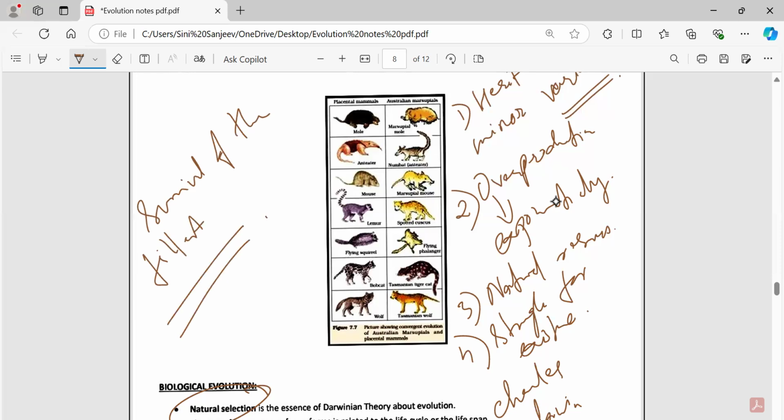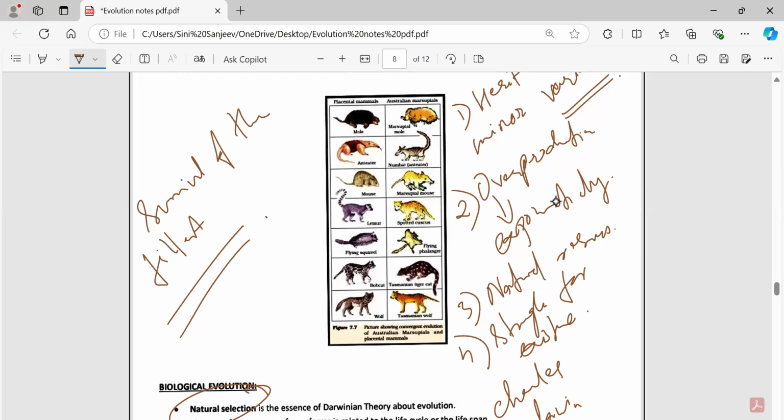In the scenario I told you, for the struggle for existence, those organisms which have undergone certain modifications so that they can exist or adapt to today's environmental conditions are going to be the fittest and they are going to survive.